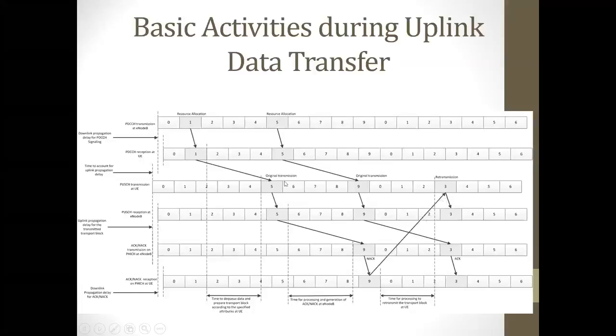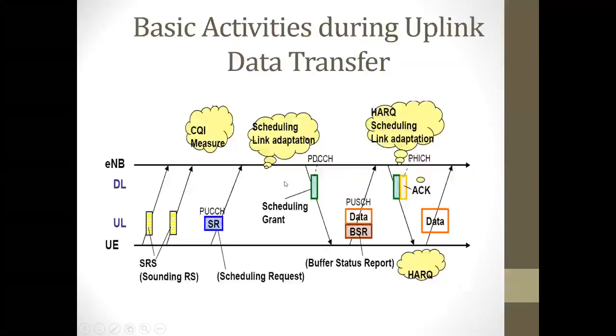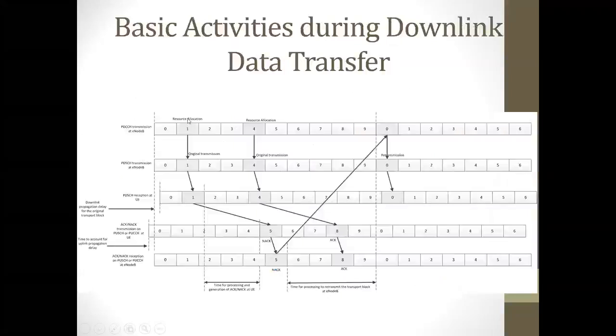But in the case of downlink, it wasn't that fixed. If PDCCH is on n, the original transmission is also on n, the NAC on n plus 4, and then the retransmission can be on n plus 8 or larger. It can be n plus 8, it can be n plus 9, it can be n plus 10.